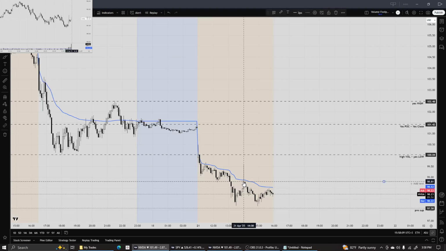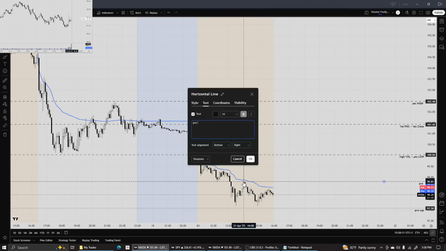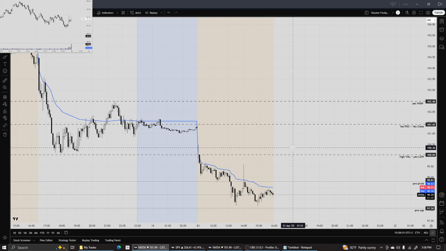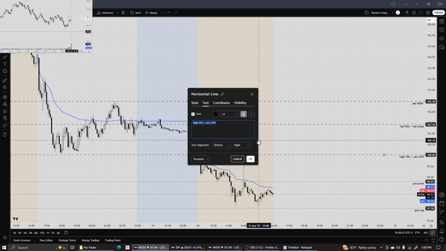Okay, pre-pivot and resistance would clearly be plus today's open. I mean, 100 is something else. Plus pre-open, like this is where the pre-market opened.